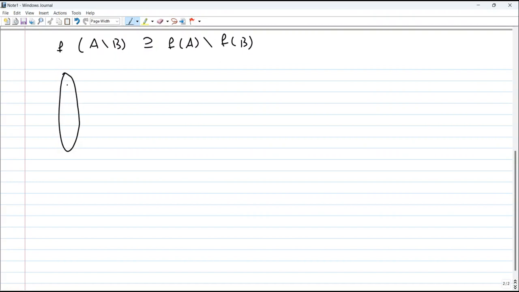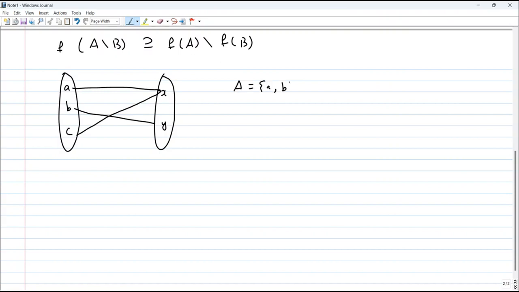Say our set X has 3 elements, A, B, C, and our set Y has 2 elements, X, Y, and the map is A goes to X, B goes to Y, and C goes to X. And if your set A is the first 2 elements, A, B, and if your set B is the last 2 elements, B, C, then you will see that f of A, the image, is everything.